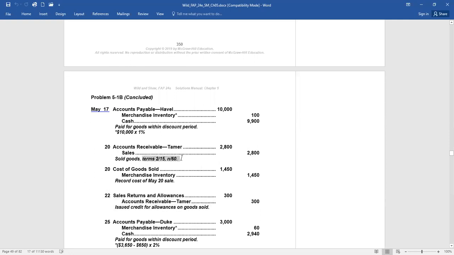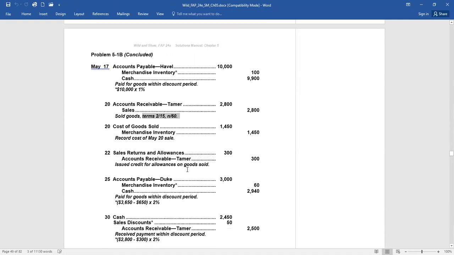We sold them under terms 2/10, and they're paying within the discount terms. So we could take a 2% sales discount on that. It's a sales discount because it's our customer taking a discount on the sale by paying their bill early. So we will credit their accounts receivable account for the full amount.